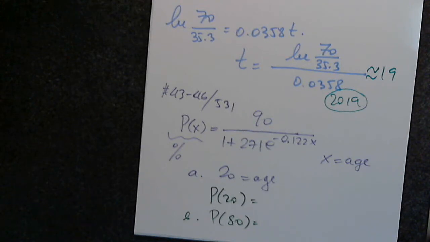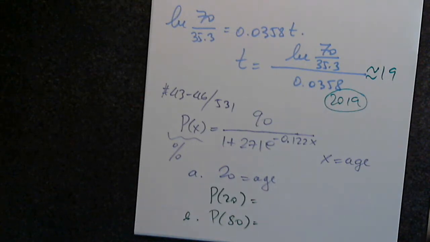But the denominator needs parentheses. 1 plus 271 e, and in parentheses, please, starting with a negative sign, negative 0.122x. Close the parenthesis for the power, come down and close the parenthesis for the denominator. And now go to second and table and plug in 20, enter, and plug in 80.